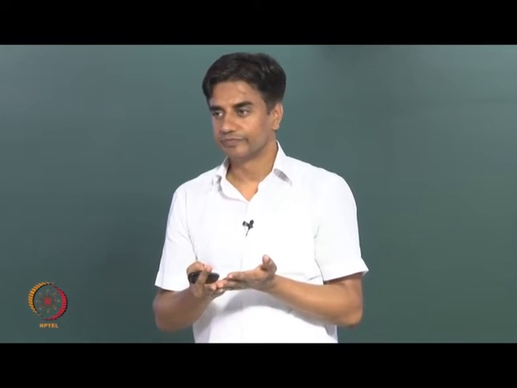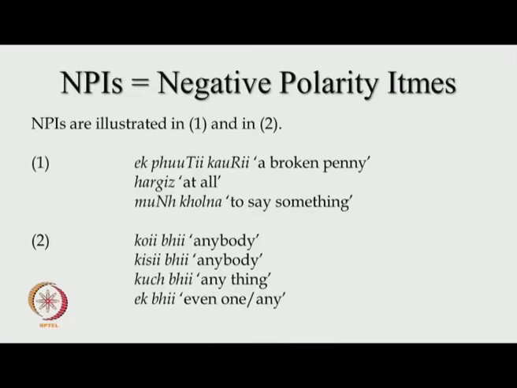So there is a strict classification: one type used only with negation, and the other type which can be used without negation. I have already shown you examples. See any one of the examples in the second group, which is कोई भी, किसी भी, कुछ भी, एक भी.